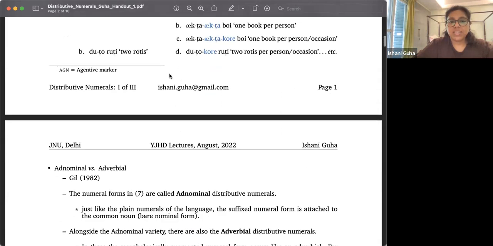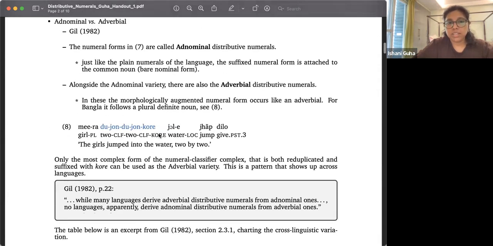Okay, whereas the adverbial one, so I have one example in 8, you will see that the numeral form is not followed by any bare noun, but in fact, it follows the definite plural, right? So in 8, we have মেয়েরা দুজন দুজন করে জলে ঝাঁপ দিল. The girls jumped into the water 2 by 2. The 2 by 2 is the adverbial, okay? Or in twos. Okay?